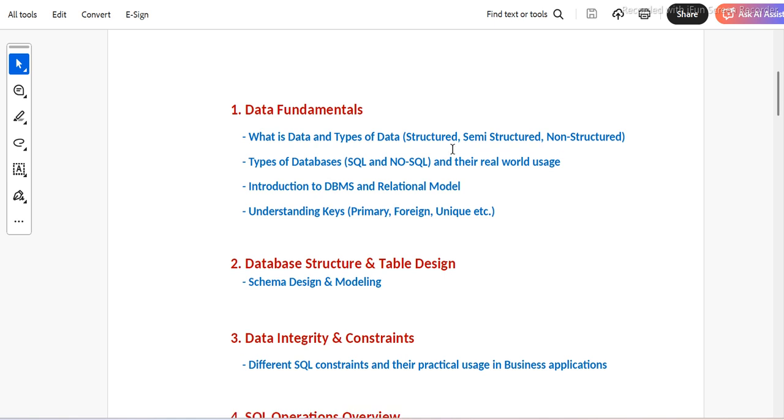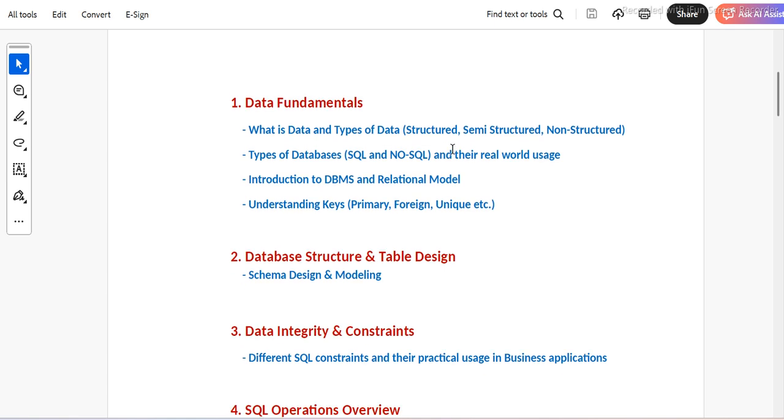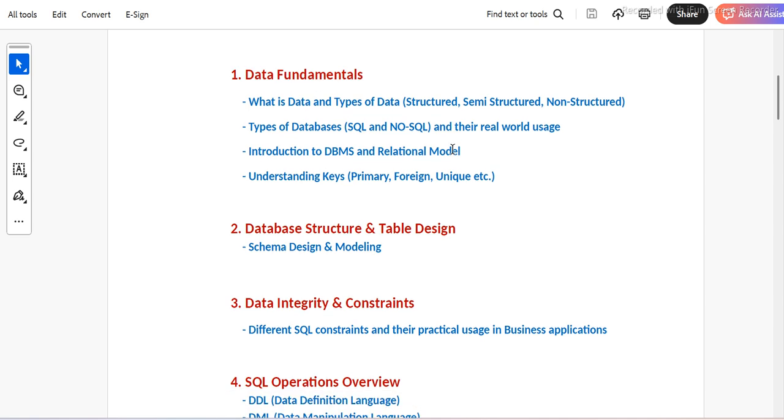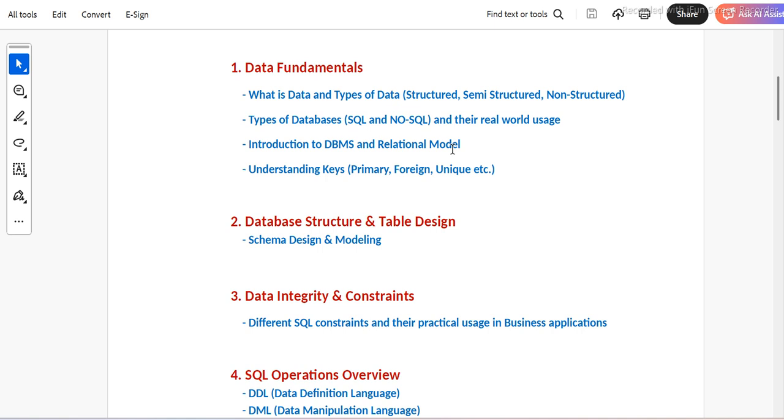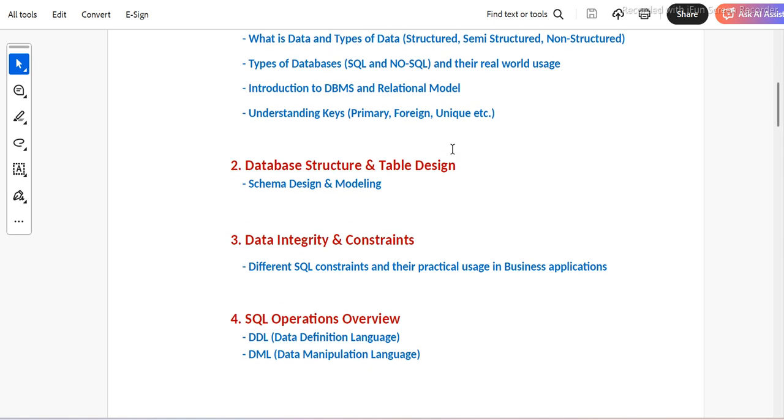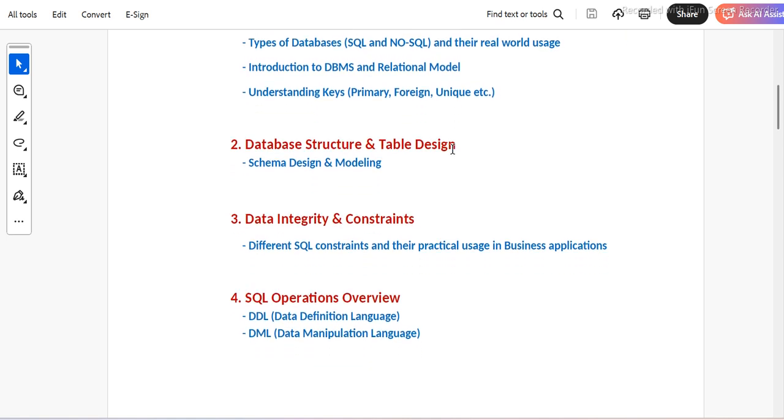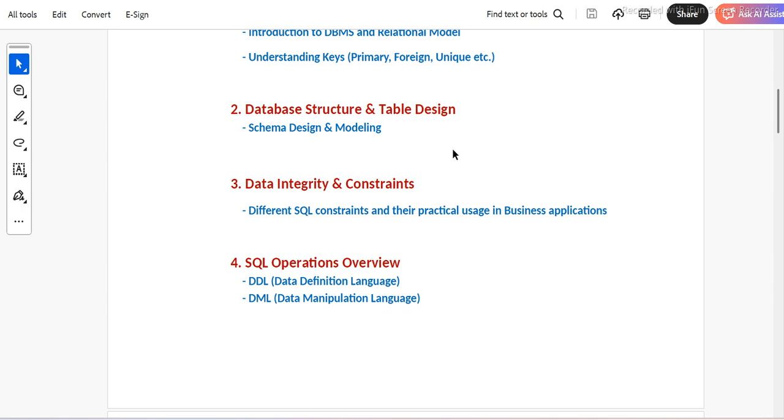And then we'll go into the next one. We'll talk about the database structure, table design, columns, data types, all of those things we are going to cover, because we are trying to understand the schema level details for all of these tables that we are going to create. Next, we will go deeper and try to understand the different integrity and different types of constraints, for example not null, check constraint, unique constraint, primary key, foreign key, and all those things.